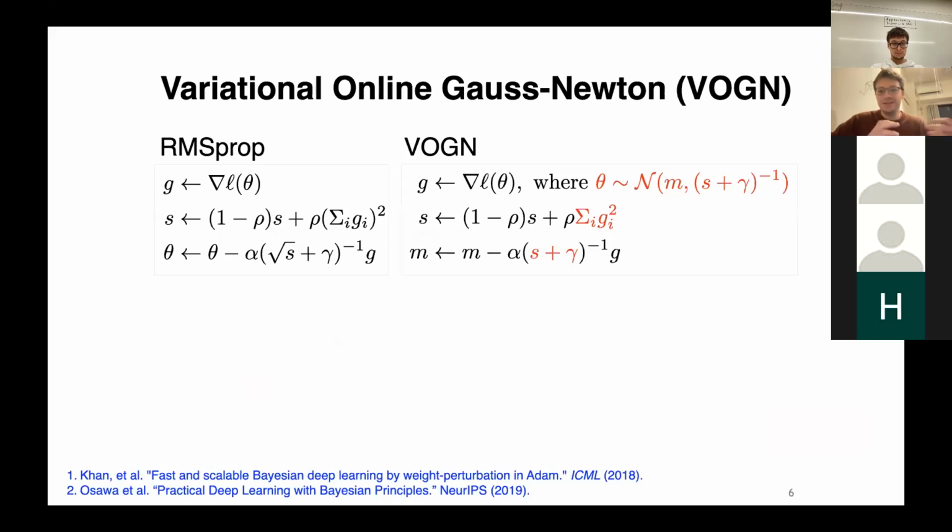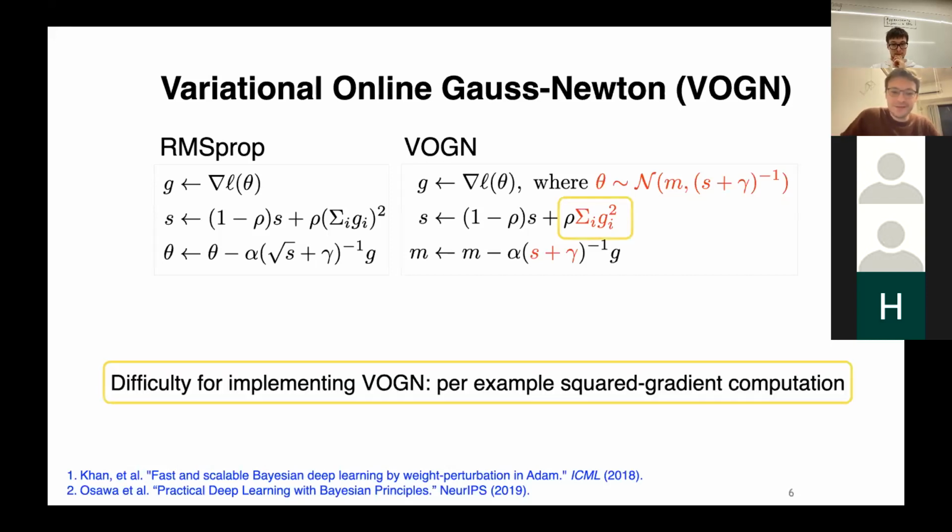So it's not fixed noise that is added, but the noise that we add to the parameter at which we compute the gradient depends on this scaling vector S used in RMS-prop. There are some smaller differences also, but roughly this is the main difference.